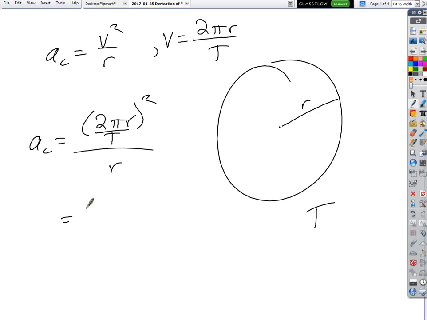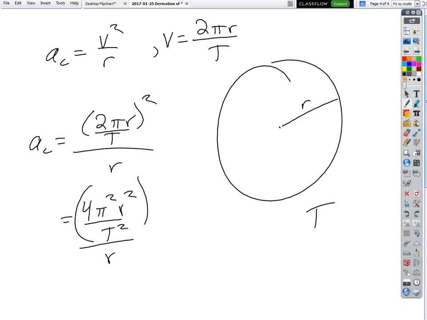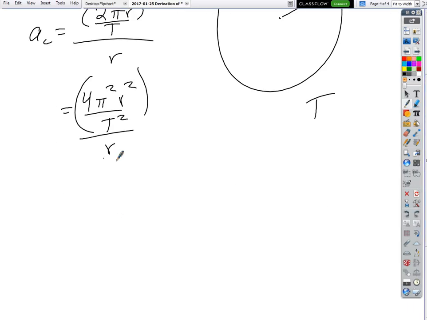If I distribute this, I get 4 pi squared r squared over T squared, all divided by r. And if I divide a fraction by a fraction, what do I do? Flip and multiply. So that's 4 pi squared r squared over T squared times 1 over r.